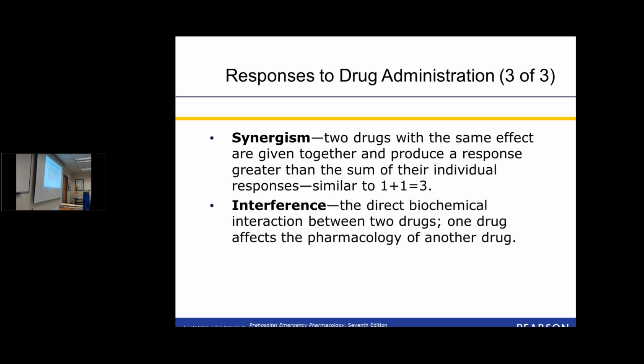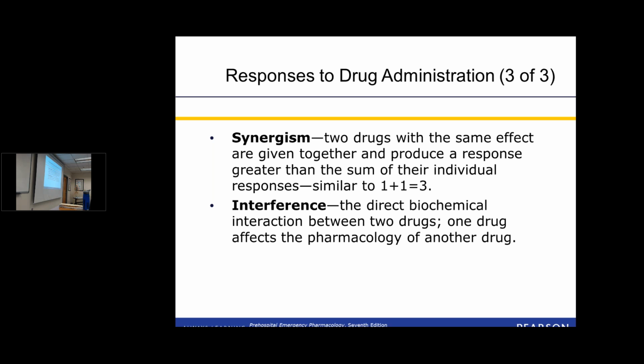They both do primarily the same thing. Synergism would be that you give epinephrine and you give atropine at the same time. They both are going to have an effect in terms of cardiac output. So if one didn't work and you end up going to the other, that would be a good example of synergism.